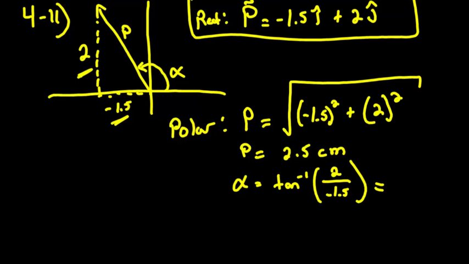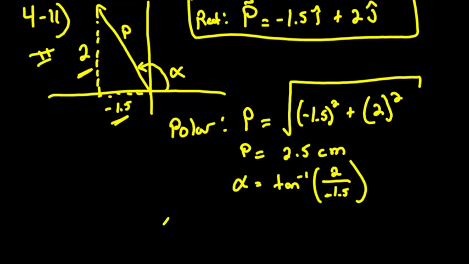I'm sorry, in order to get this angle alpha, this is going to give us a negative angle because we have a negative value right here. So we have to then add that to 180 degrees. The reason why we're adding it to 180 degrees is because this is in the second quadrant.